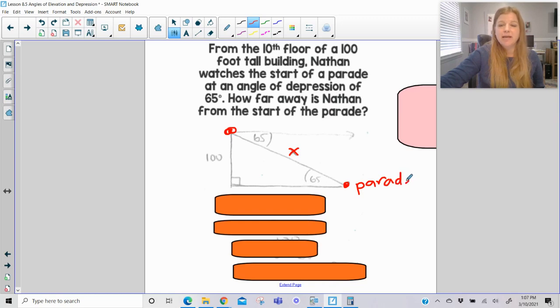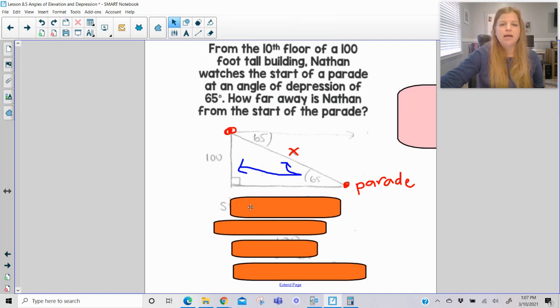Now, of course, if it's an angle of depression of 65, we know that if this is 65, then this is 65 in this right triangle. Based on what we're given, we are talking about the opposite and the hypotenuse. So again, we know that's sine. So I'm going to say sine of 65 is equal to the opposite, which is 100, over the hypotenuse.